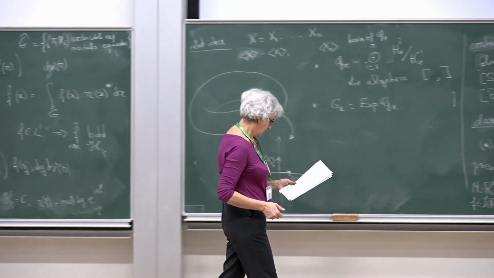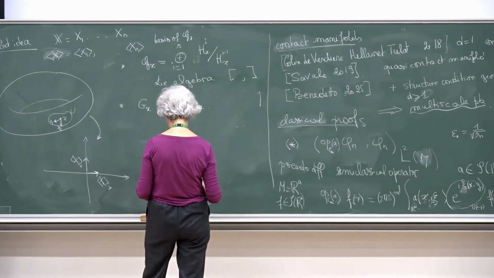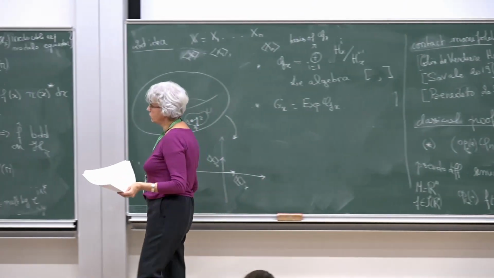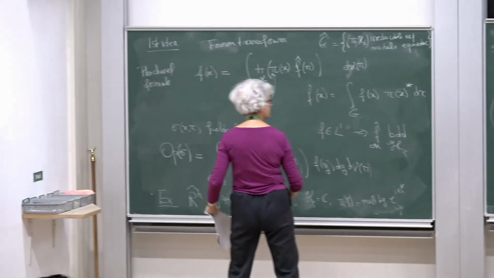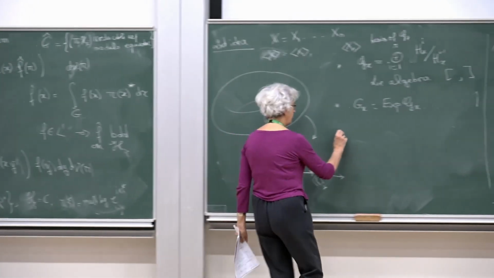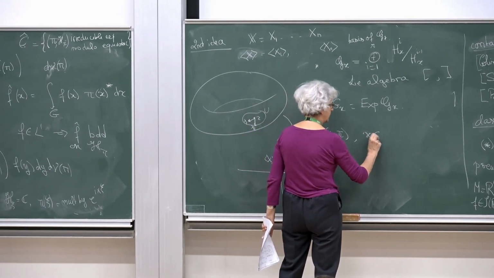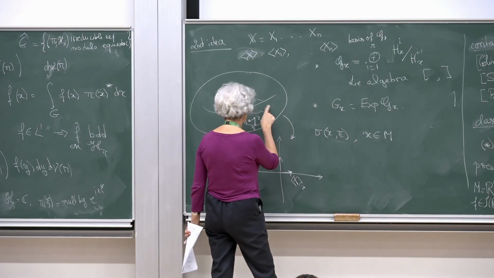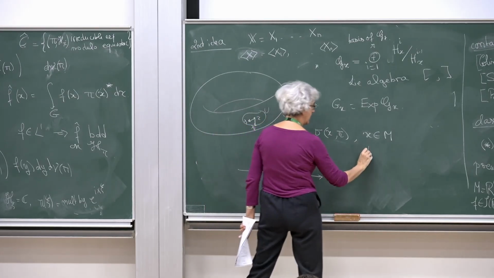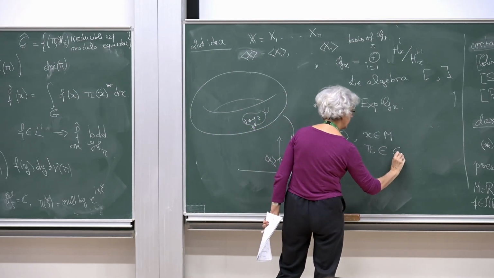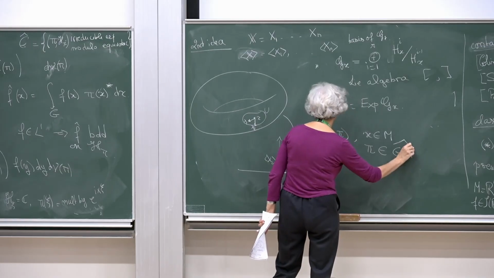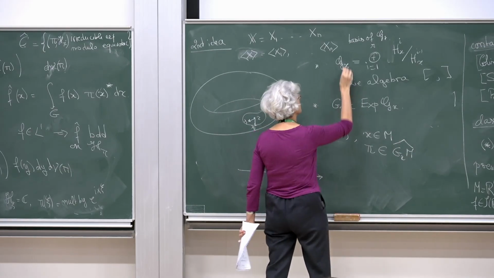And now how are we going to define the symbols? The symbols will be functions of x in M, and pi in the dual of this group, which we put above each point.